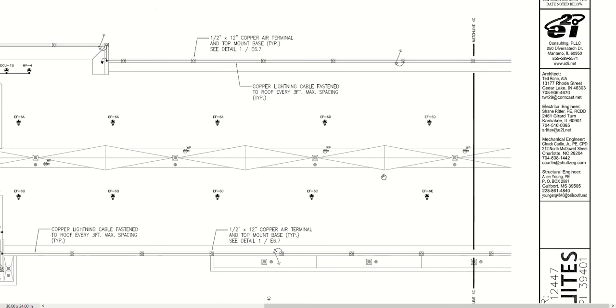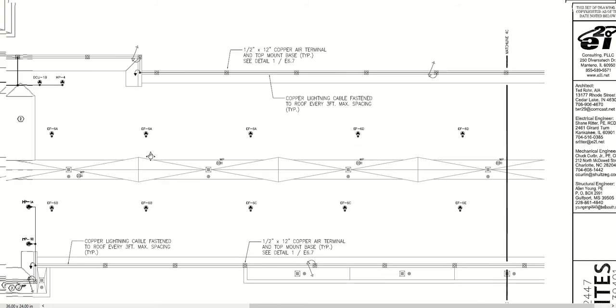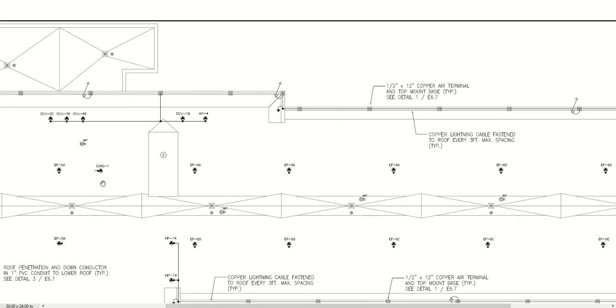And we do have outlets up here, and these outlets, the code says anything that has a motor, you have to have an outlet within 25 feet of it, I believe is what the code says. So that's where these outlets are strategically placed, just to make sure there's one within 25 feet of every one of these units.